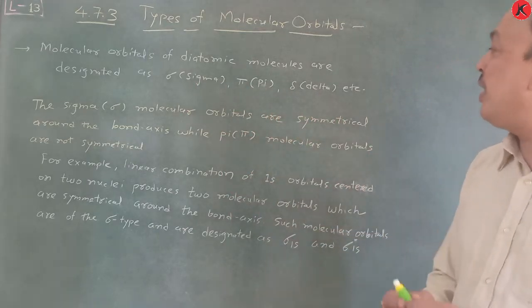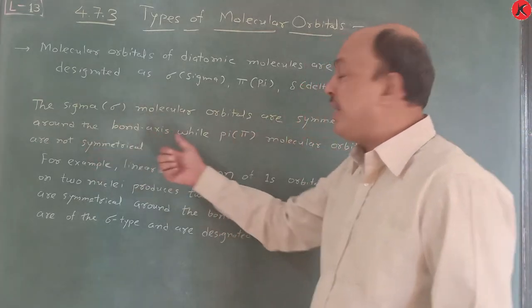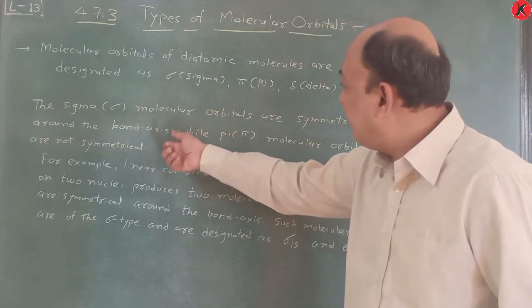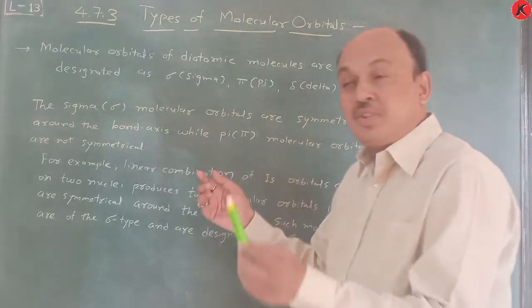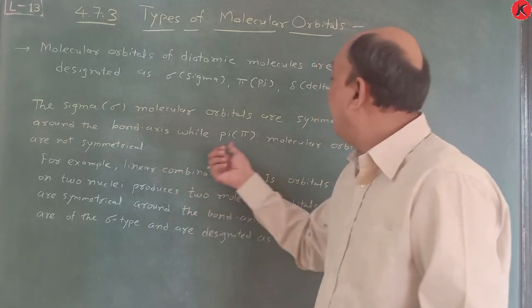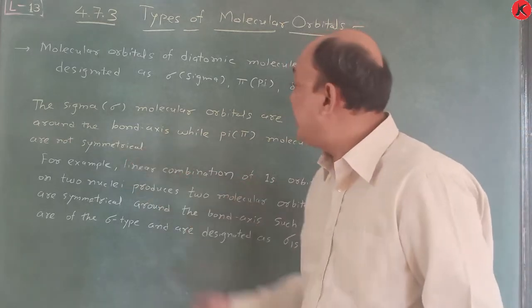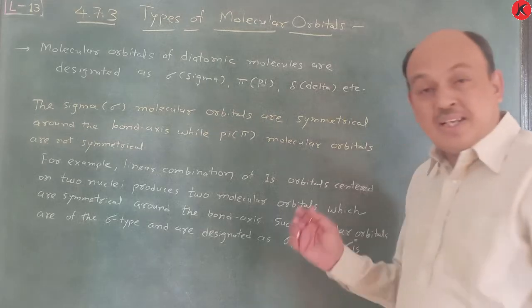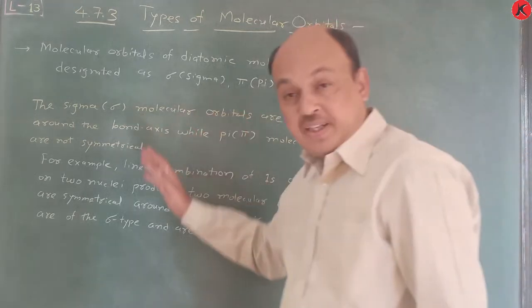The sigma molecular orbitals are symmetrical around the bond axis, while pi molecular orbitals are not symmetrical.